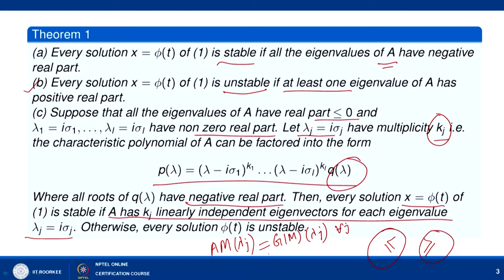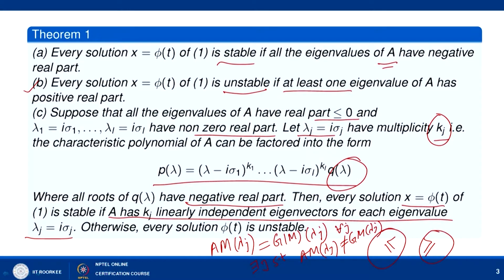So, if for all j the algebraic multiplicity of lambda j is equal to the geometric multiplicity of lambda j, then solutions are stable, and if there exists one j such that AM of lambda j is not equal to GM of lambda j, then all the solutions are unstable.